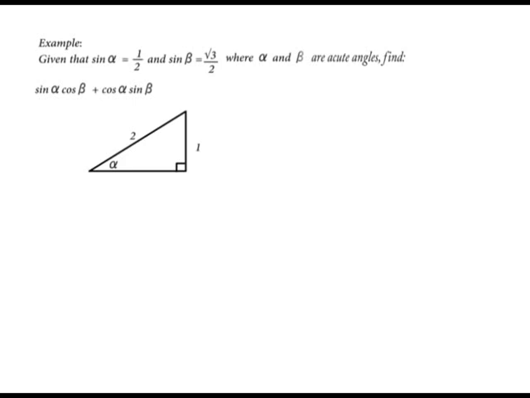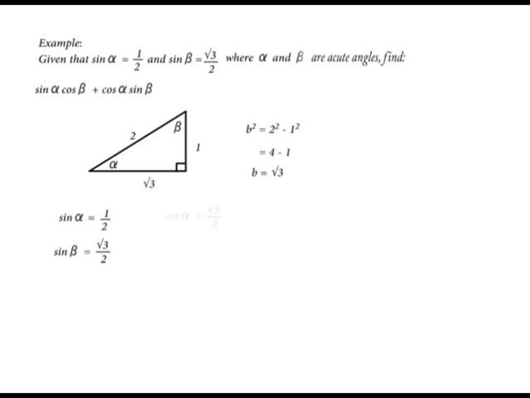We can find the missing length using the Pythagoras theorem. If we call it b, then we shall have b squared is equal to 2 squared minus 1 squared. That is 4 minus 1, and b is equal to root 3. And that is indeed why we were given that sine beta is root 3 over 2, and therefore beta is here. With this now, we can find all the trigonometric ratios.